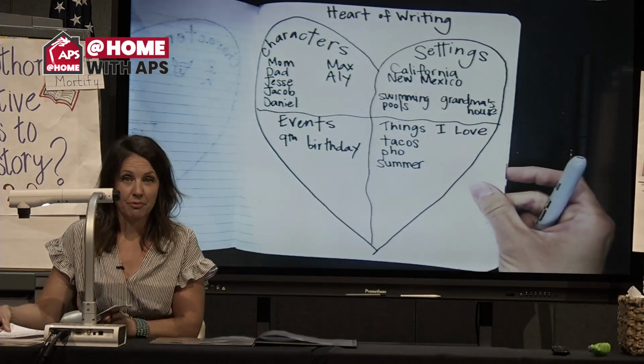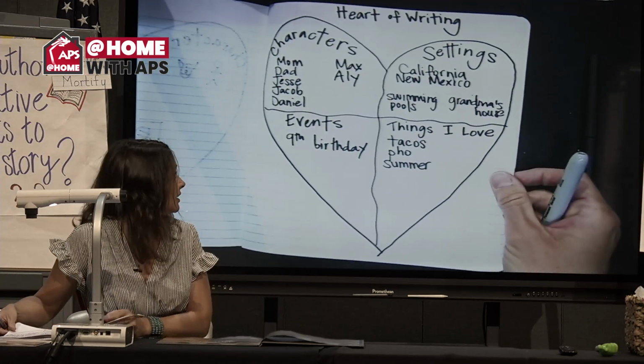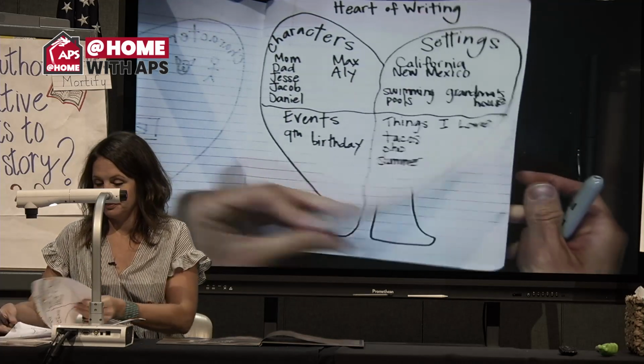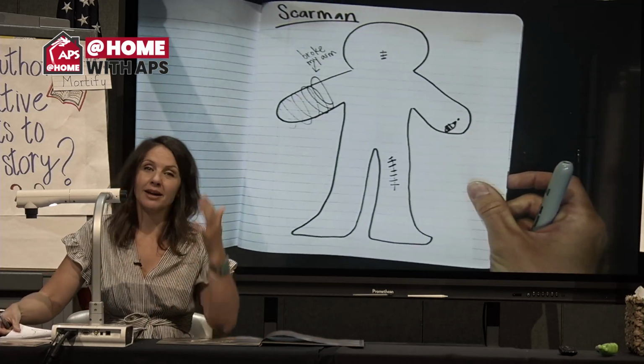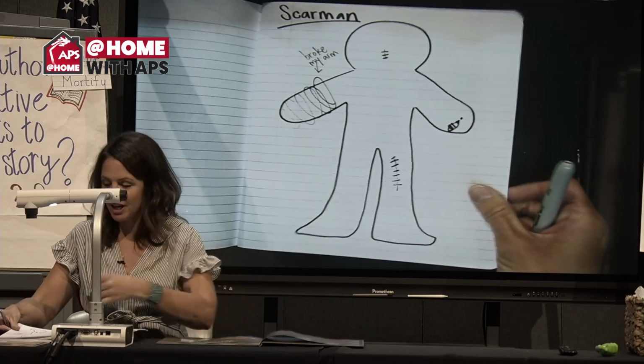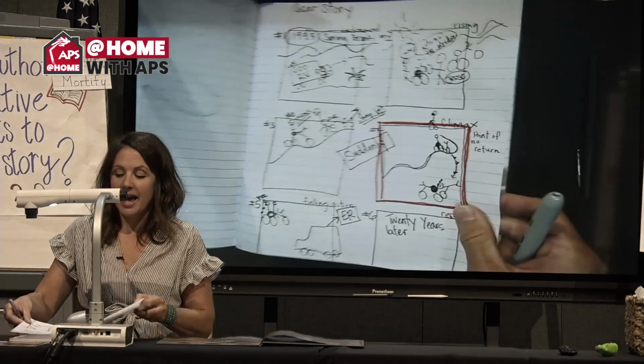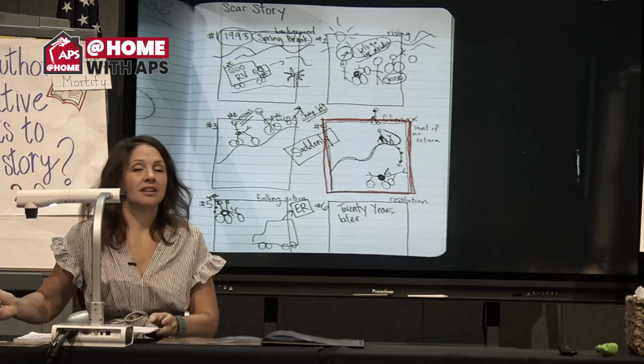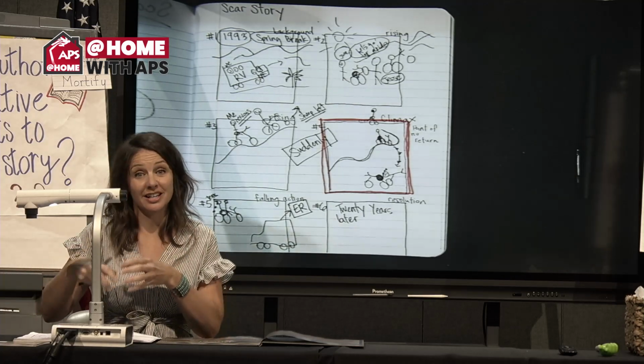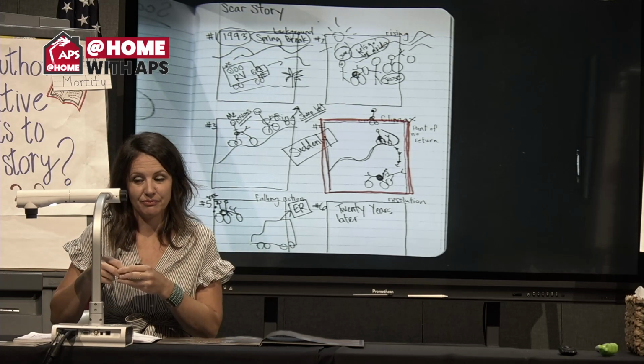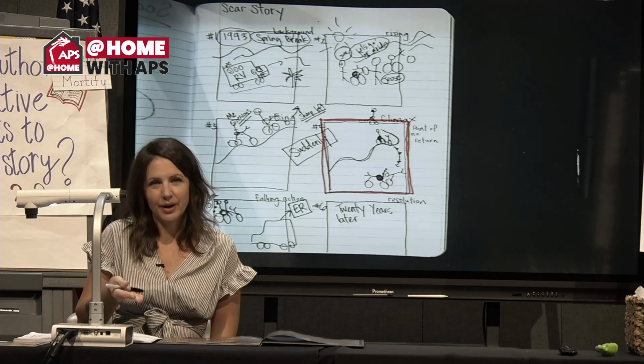Inside my writer's notebook, I have my Heart of Writing, my Scar Man. This is a brainstorming activity. And yesterday, I started organizing my writing. But I have a question.